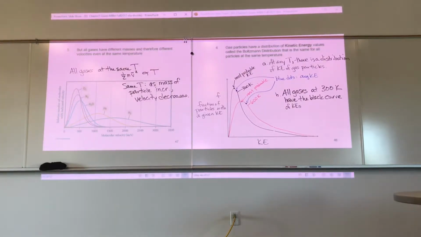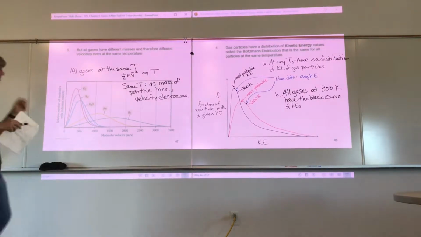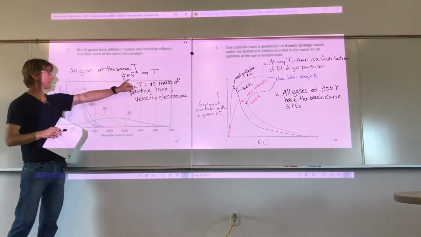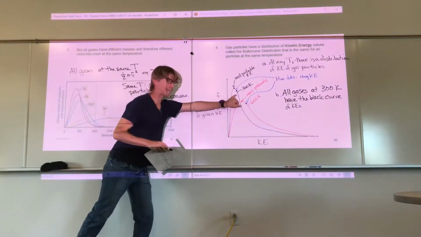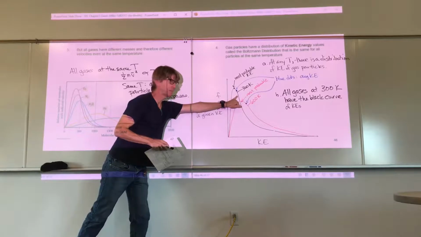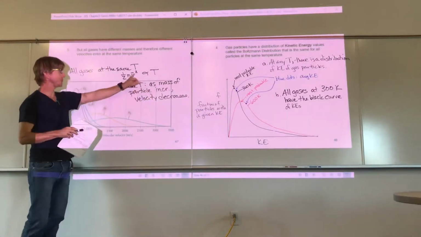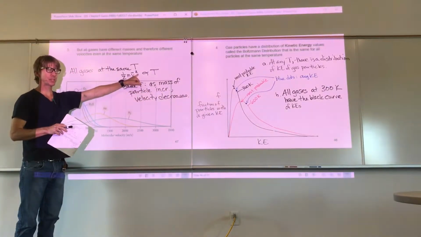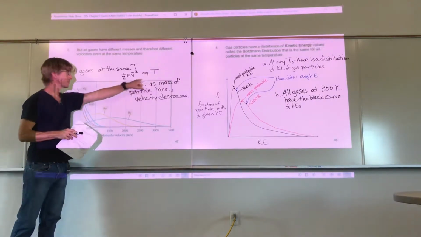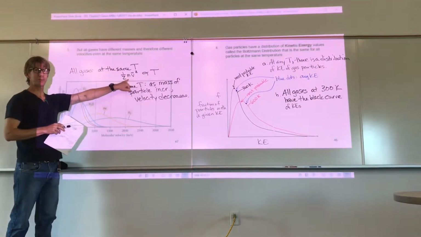There are no intermolecular forces. They are flying free, even of gravity, even of intermolecular forces. But if the question then is why is this, it's because the kinetic energy is the same for all these gases. Kinetic energy equals 1/2 mv squared. So if they have the same kinetic energy, then as mass goes up, velocity goes down.